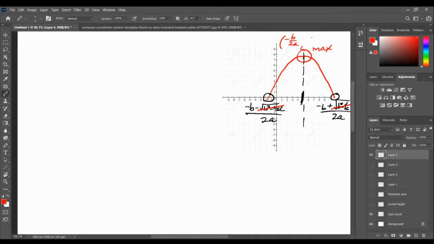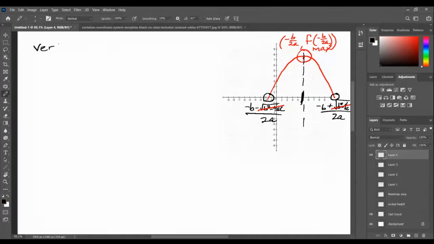The y value at the vertex will be the function evaluated at that x value. I'm not going to derive the whole thing. It's in your book. But that's our vertex formula.